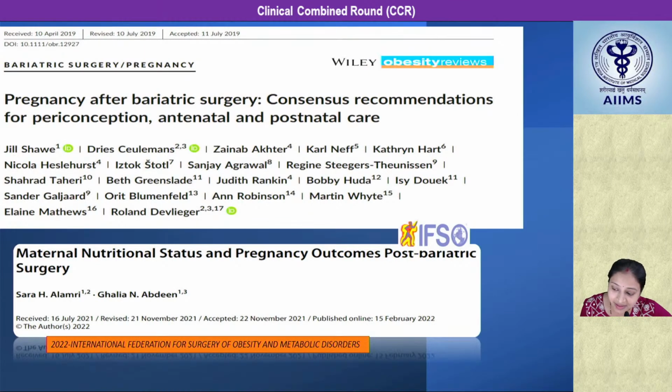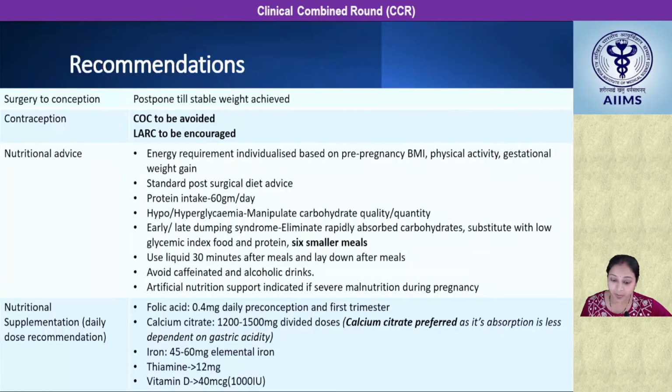These two societies have given recommendations for pregnancy after bariatric surgery in periconception, antenatal, and postnatal care, which is summarized here. The time from surgery to conception is postponed till stable weight is achieved.